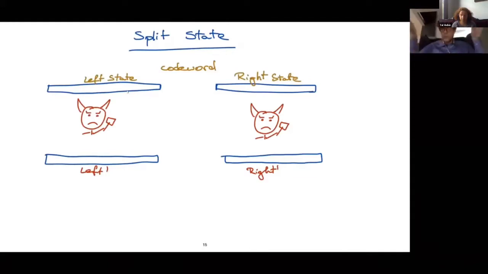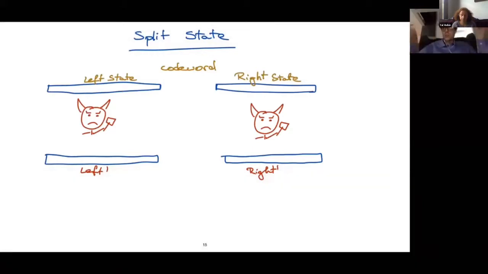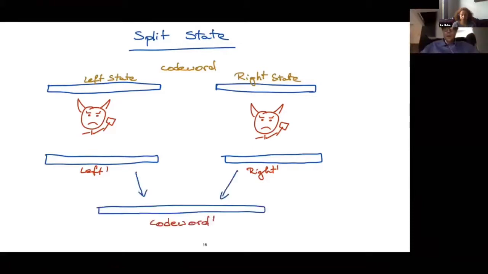The adversaries agreed on the strategy. They share some common randomness, all that stuff. It's just that when the tampering happens, I tamper with the left state without seeing the right state, and then I tamper with the right state without seeing the left state. Combined, left prime and right prime give me the new code word prime.